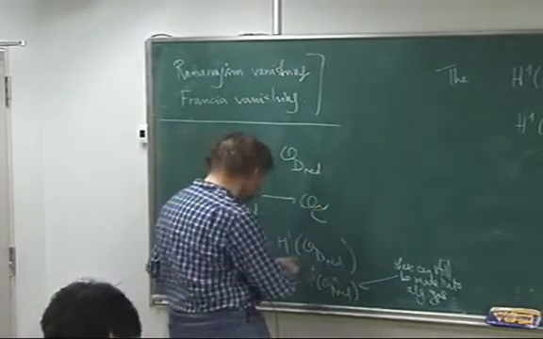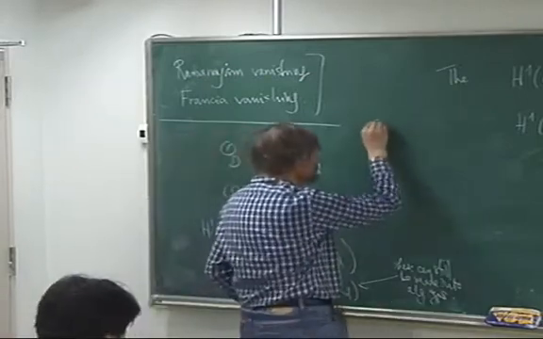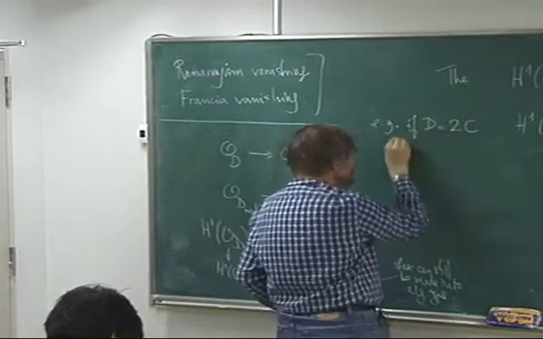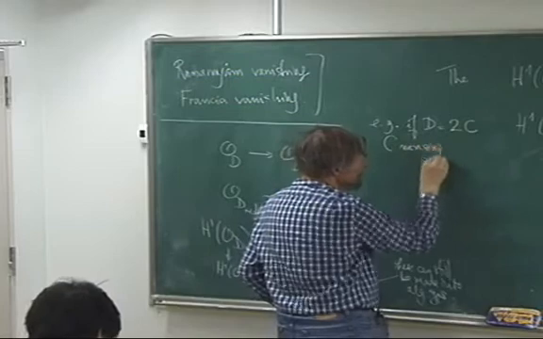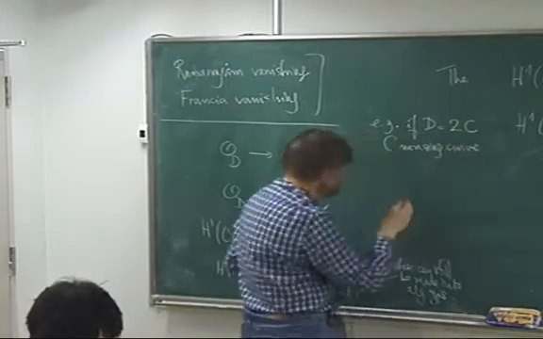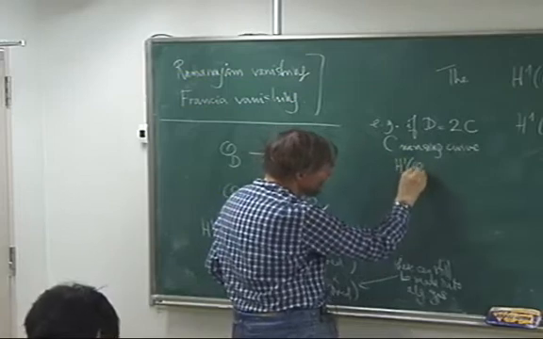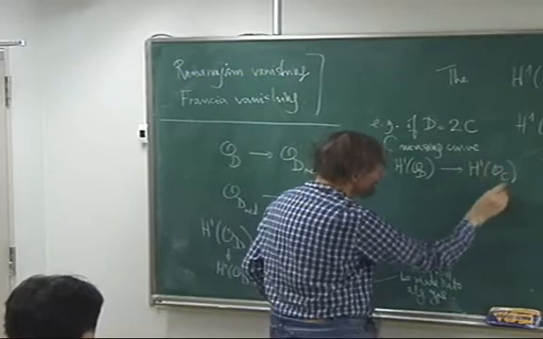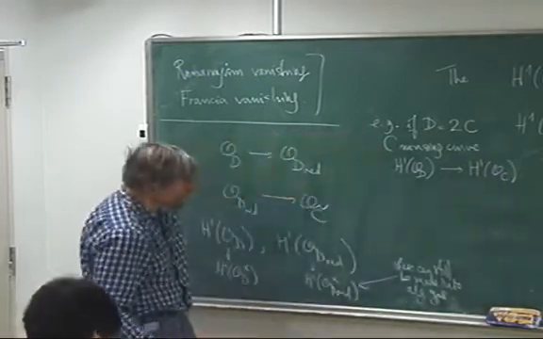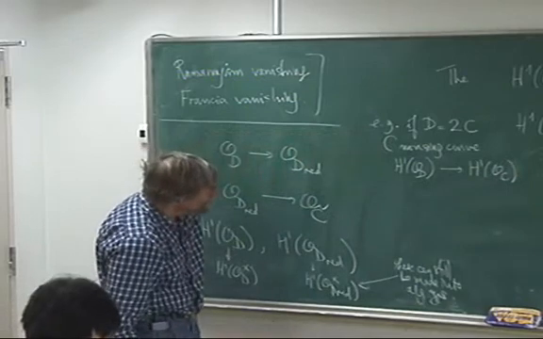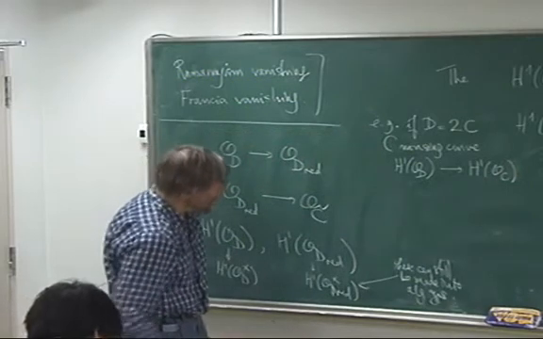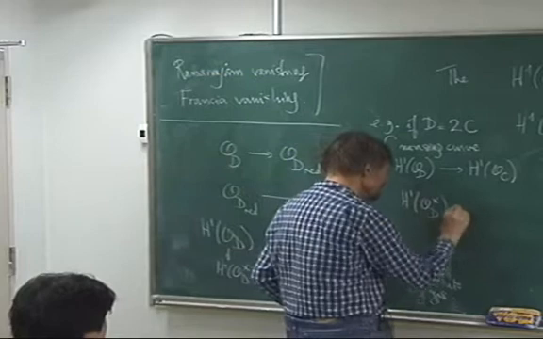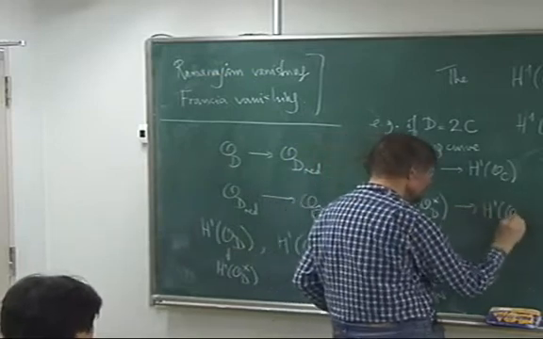So for example, if D is 2C, C a non-singular curve, then I can be interested in what is H1 OD to H1 OC, and I can also be interested in what is H1 OD multiplicative to H1 OC multiplicative.